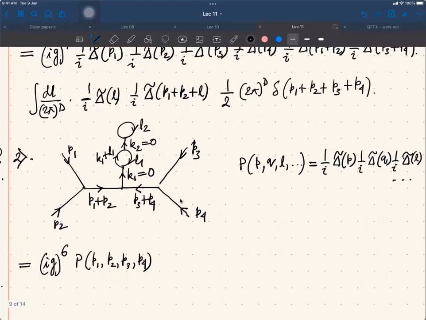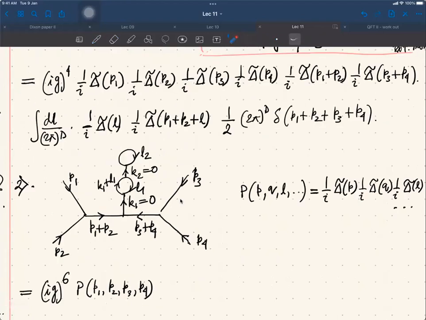So P of P1 to Pn is always going to be present in any n-point function, which is basically coming from the external legs.